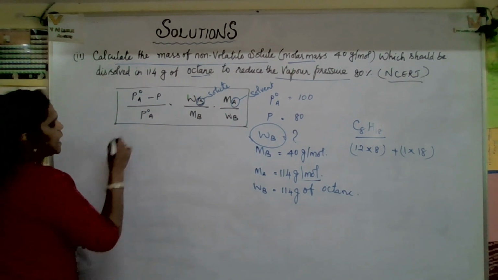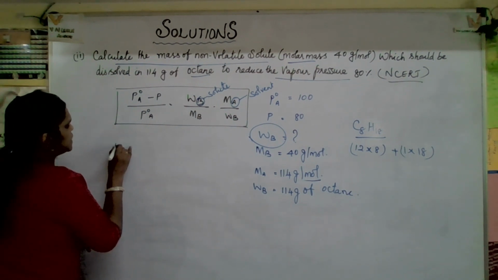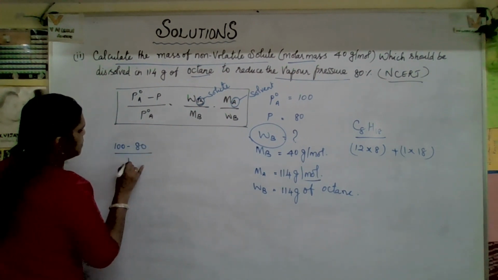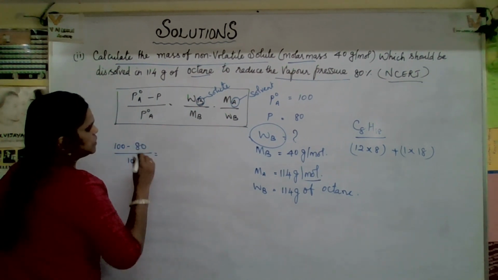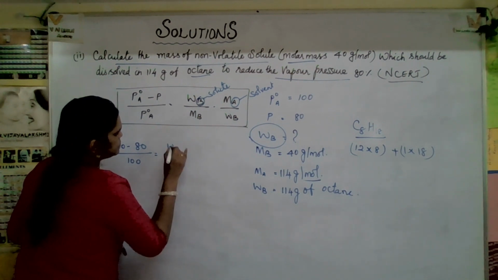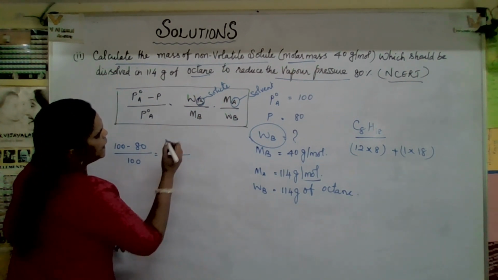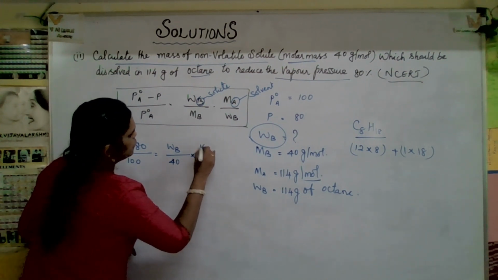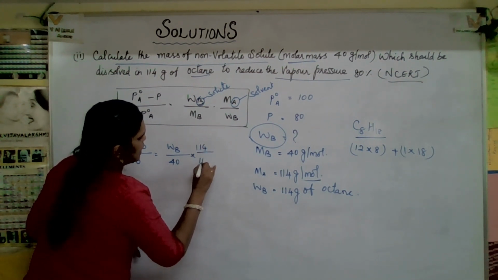Yes. Now let us apply P naught A. How much? It is 100 minus 80 divided by 100 equal to WB by MB. How much? It is 40 into 114 divided by 114.